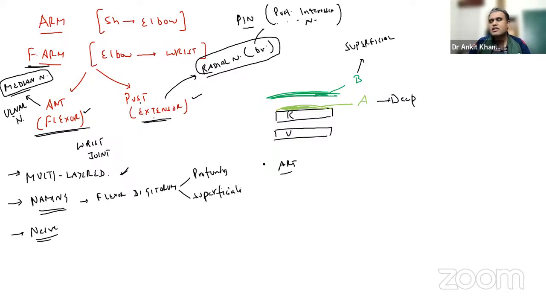There is only one artery coming from the trunk, that is the axillary artery. Then in the arm, the axillary artery becomes the brachial artery. As it crosses the arm, the brachial artery divides into radial and ulnar artery. These are the main two arteries that supply all the tissues in the forearm. That's the whole story in a nutshell.